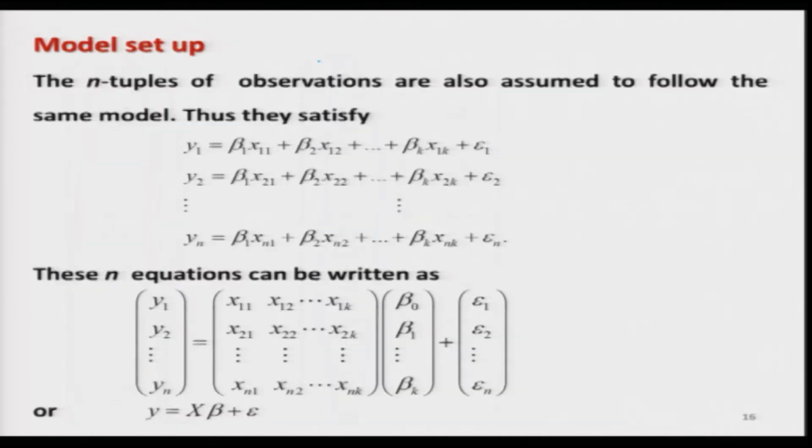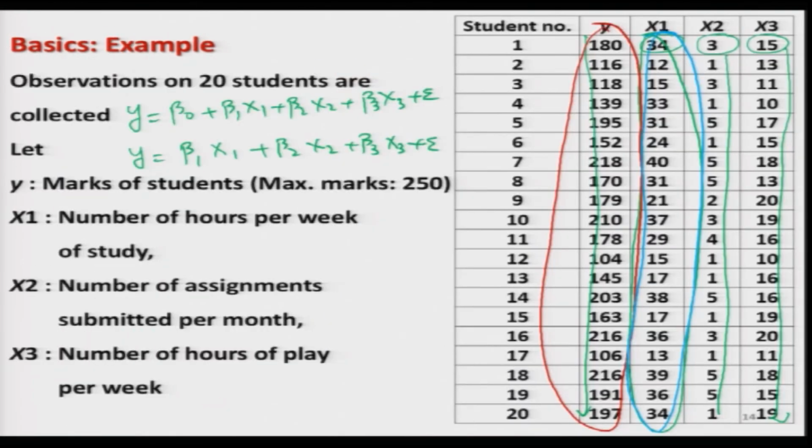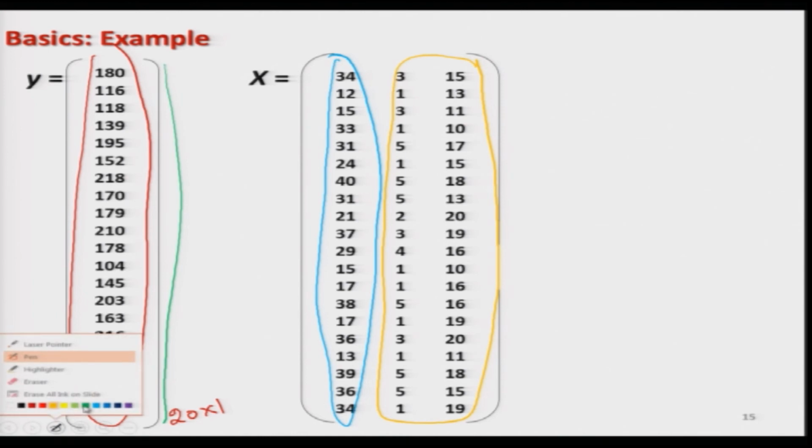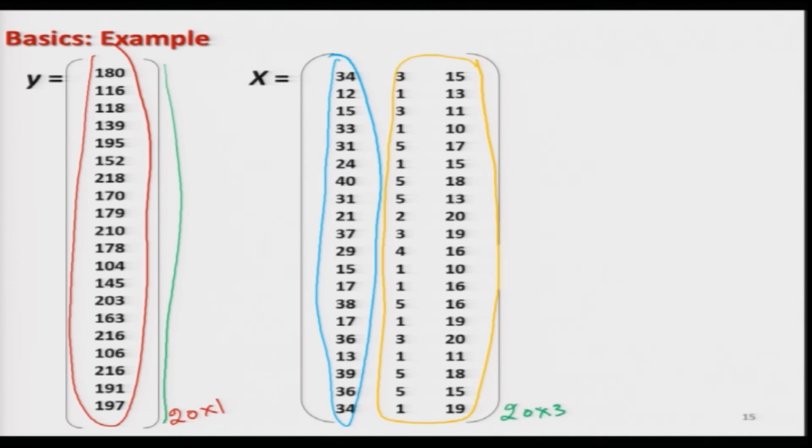and similarly the values of x2 and x3 are copied here. So, now you can see what is happening: capital X denotes a matrix of order 20 by 3.